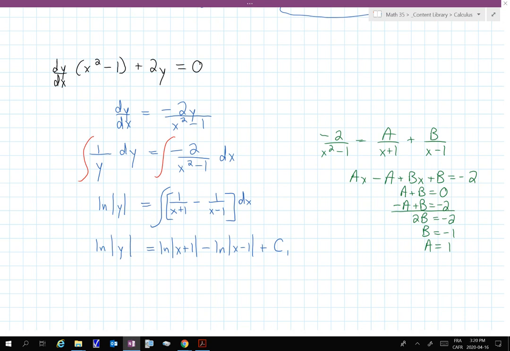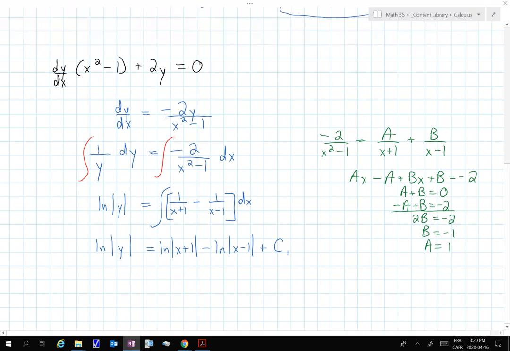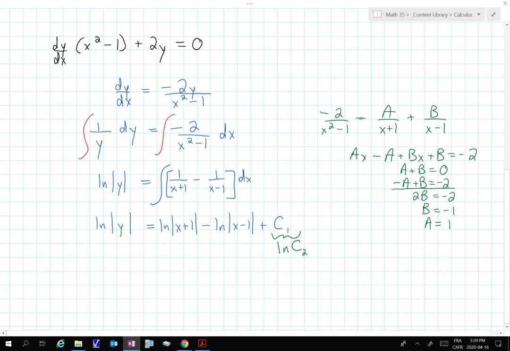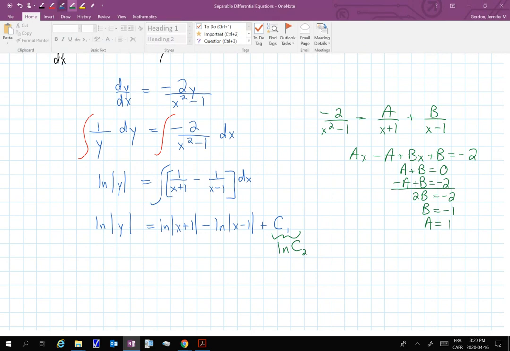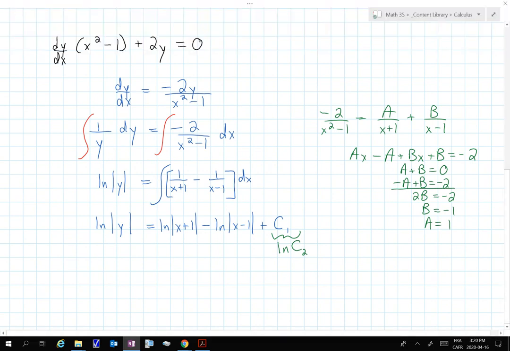On the right-hand side of this equation, I am going to use a log law to combine these things. So I'm going to express this constant as the natural log of some other constant so that I have all logarithms and I can combine. It's just a different constant, but the point is it is still a constant.